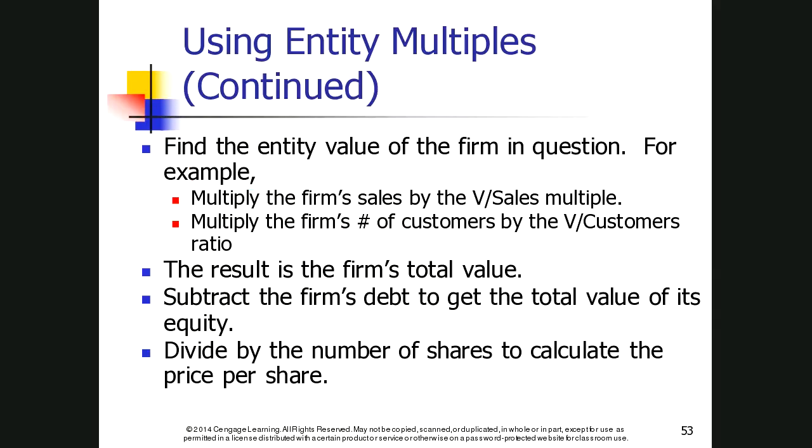And find the entity value of the firm in question. So using the average ratios multiplied by the measure that you're going to use, you get the entity value, and take away this firm's debt to get the total value of the equity, and divide by the number of shares. So that's how you do entity multiples.